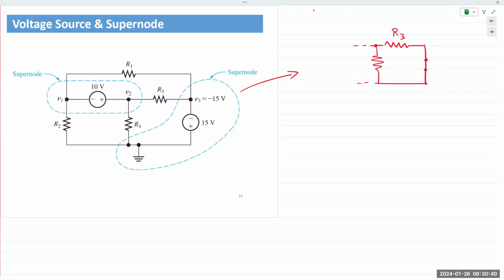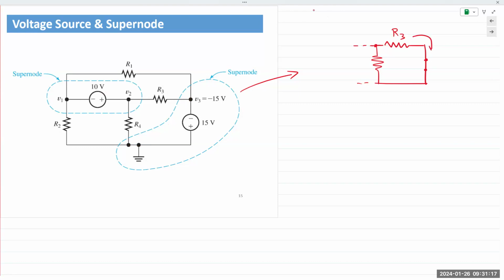And so I would make a single node out of these 2 points. So either end of the voltage source is now connected together. And so then I can write a KCL equation. So you simply remove that voltage source, place a short circuit in its place, basically shorting out the 2 points of that voltage source. And you just combine it together. And that's it. So now you can write a KCL equation.